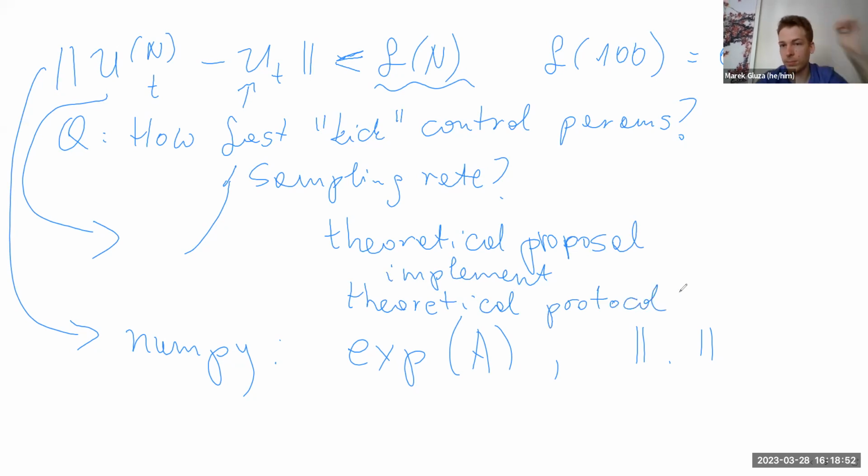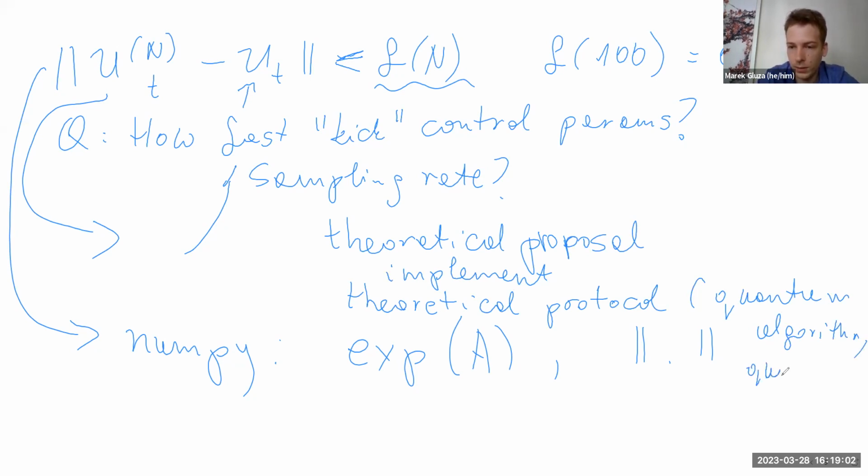Okay, so this theoretical protocol could be a quantum algorithm. Or it could be a quantum gate. So it could be some primitive operations that then you use in a quantum algorithm and so on.